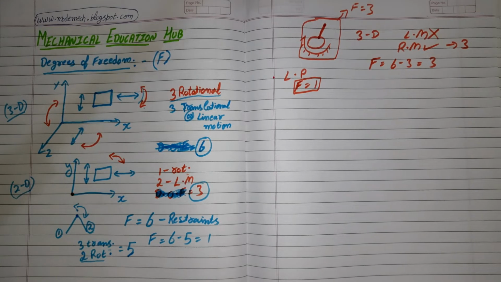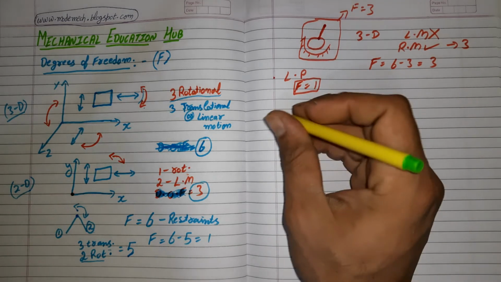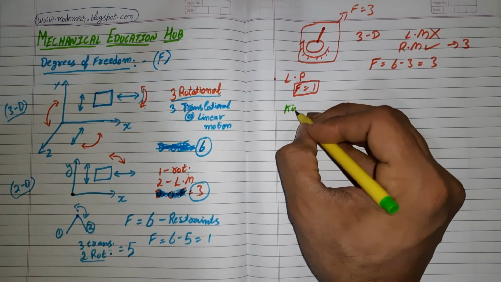Now, after understanding degrees of freedom, we can easily understand about kinematic chains. If all the links are connected in such a way that the first link is connected to the last link in order to have a closed chain, and if all the relative motion in this closed chain are constrained, then such a chain will be known as kinematic chain.